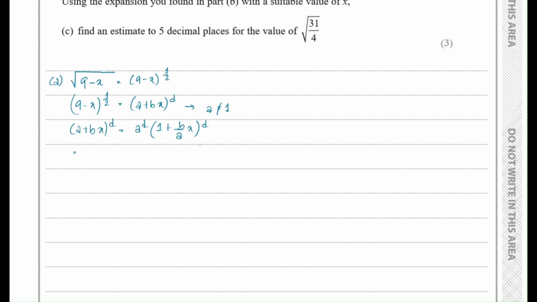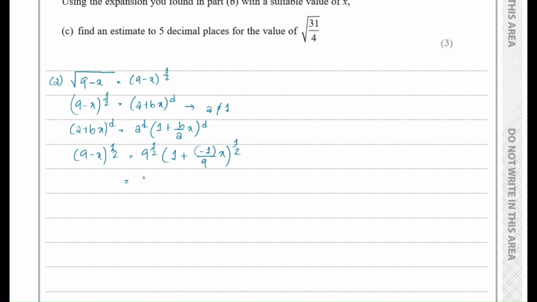So here it is (9 - x) to the power half, where a is 9 and d is half, and b is minus 1, so b divided by a is minus 1 by 9.